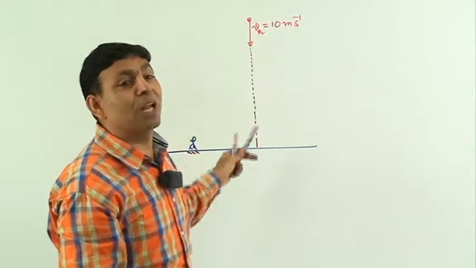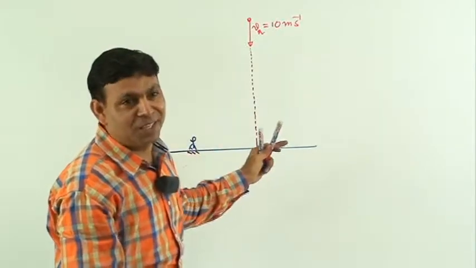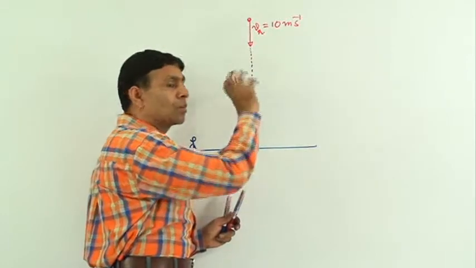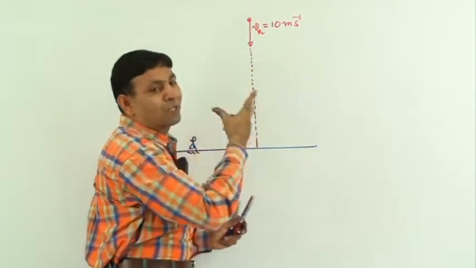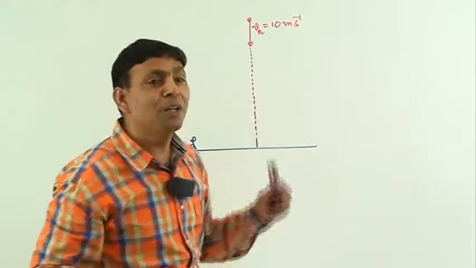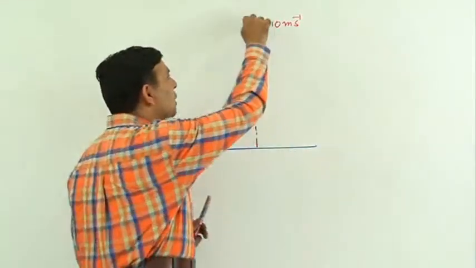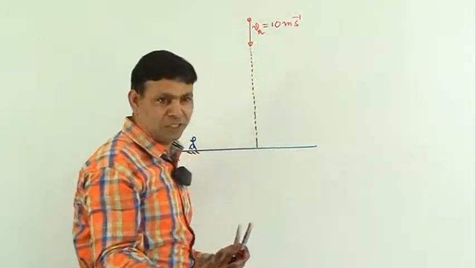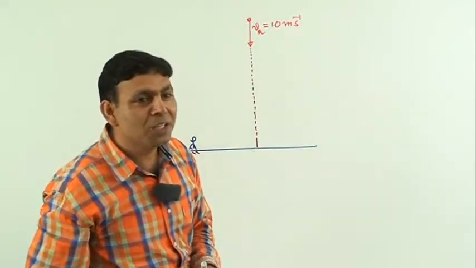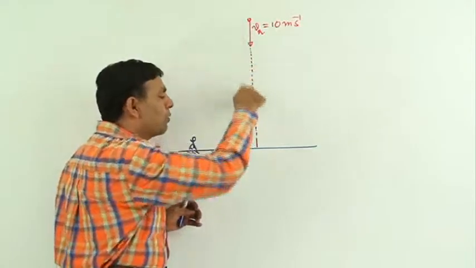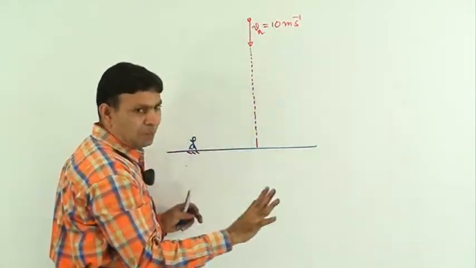Due to air friction, they will acquire some constant velocity, and that depends on the sizes of the drops, with more details in the chapter on viscosity. Right now, you should automatically assume these raindrops are falling with constant velocity, called terminal velocity. So whatever it is, assume that raindrops are falling with constant velocity 10 meters per second.